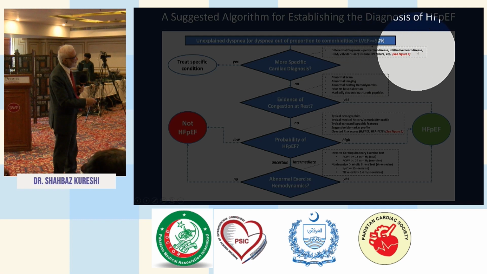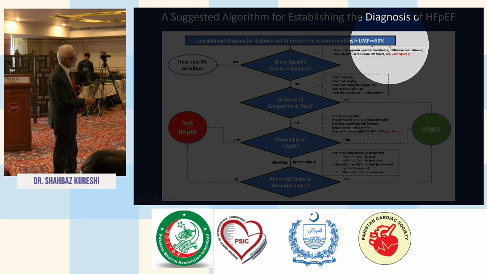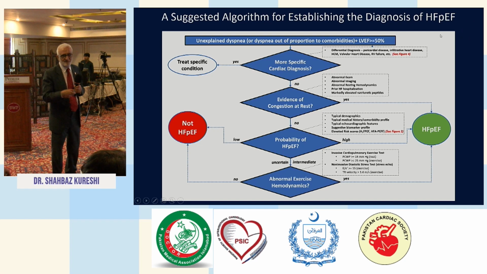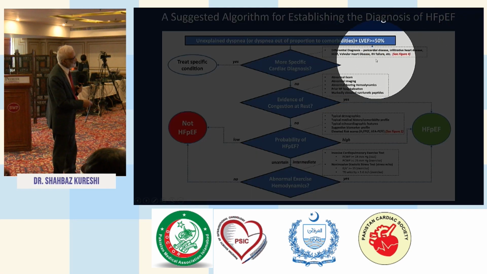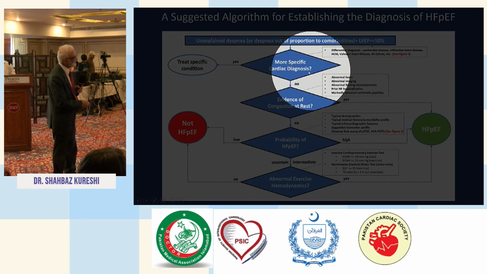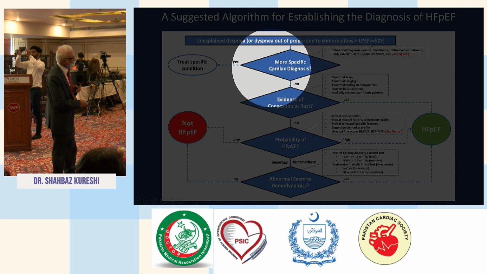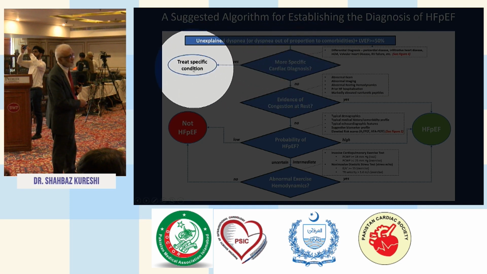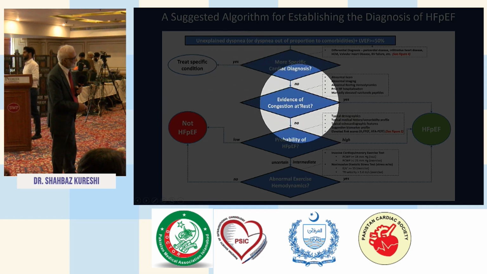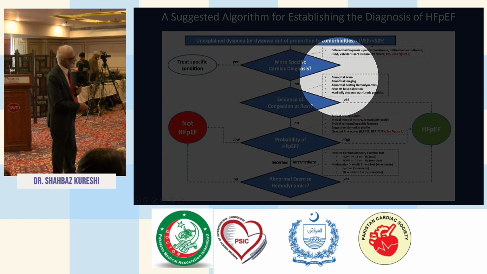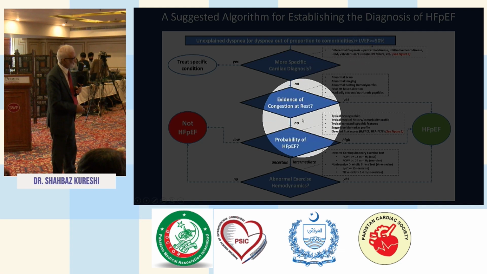This is what was talked to you earlier on: pericardial disease, infiltrative cardiac disorders like amyloidosis, sarcoidosis, hypertrophic cardiomyopathy, valvular heart disease, RV failure. Then if there are specific conditions, yes, you treat that condition. If no, is there an evidence of congestion?